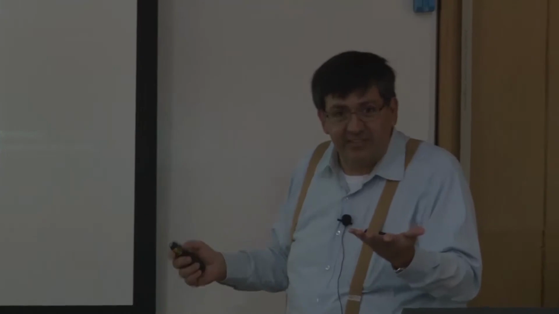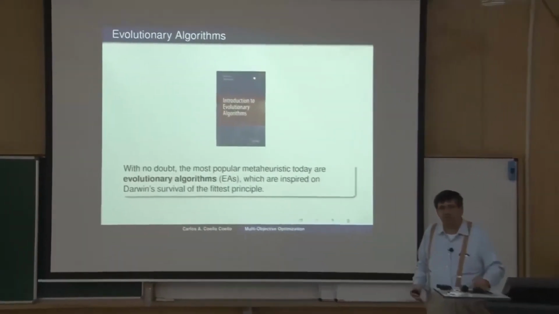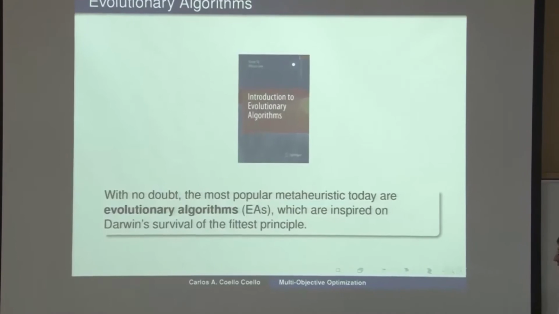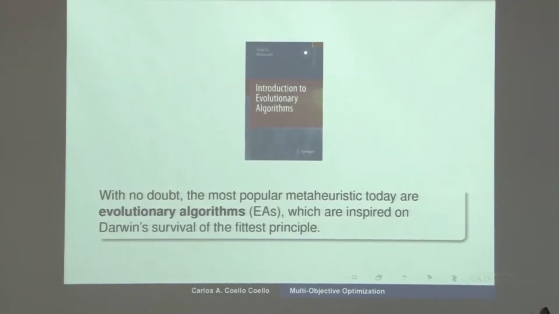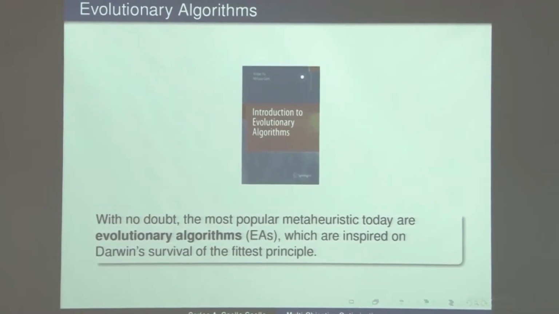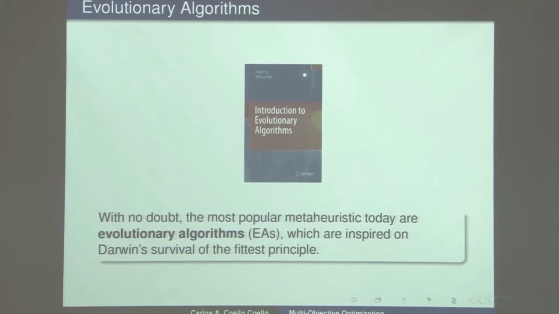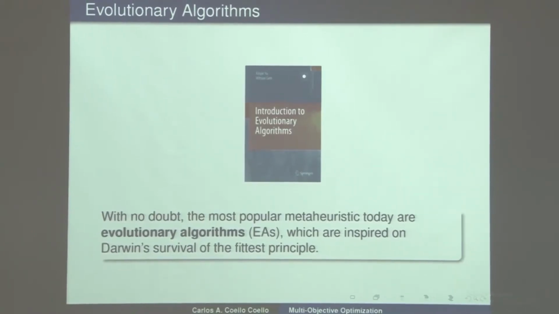But in terms of research, I was very lucky because back in '94, when I was a PhD student in the US, I didn't know what to do in terms of research topic. A professor there, who was from operations research originally, suggested I do multi-objective optimization. Of course, I had no idea what that meant. I started looking at papers about this, and I realized there were very few papers back in '94.